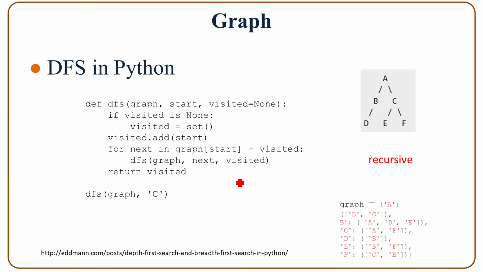Now let's see how we can modify the previous implementation to be recursive. Recursive meaning that you are going to call the method from itself.